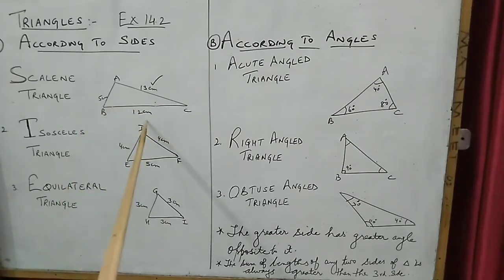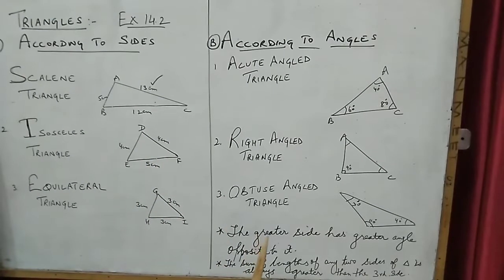This becomes 17. 17 is greater than 13. You add up any two sides. Suppose I add up these two, 4 plus 4, 8. It is always greater than the third side, 5. 3 plus 3 is 6. It is greater than 3. So any two sides of the triangle when we add, it is always greater than the third side.